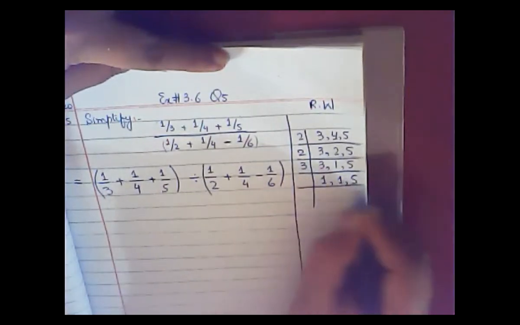Now at the end you have 5, so 1, 1 and 5 ones are 5. Now simply multiply your factors here: 2 multiplied by 2 multiplied by 3 multiplied by 5. 2 twos are 4, 4 threes are 12, 12 fives are 60.